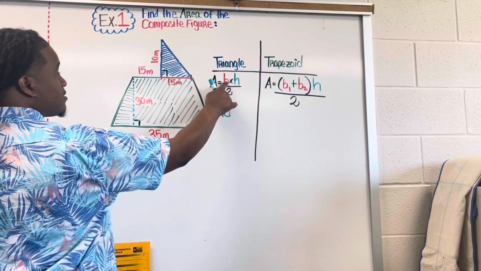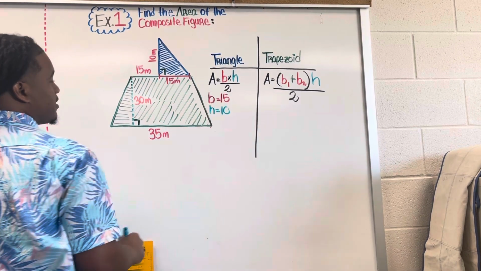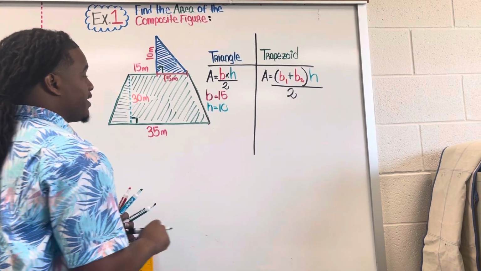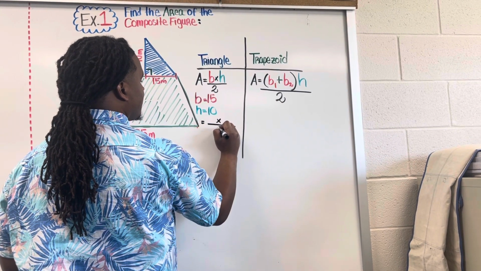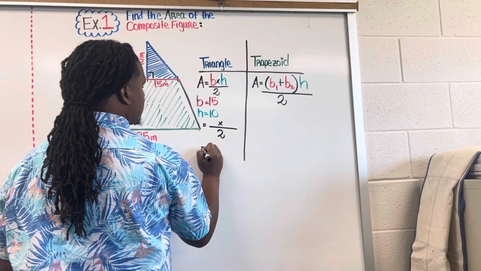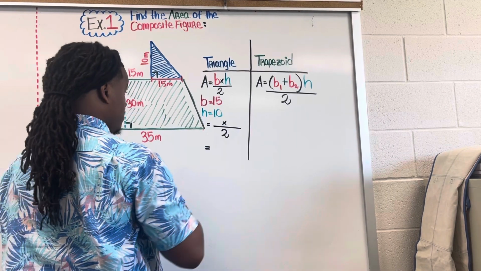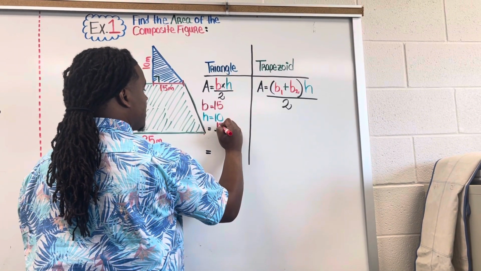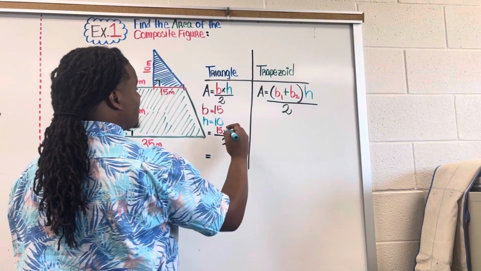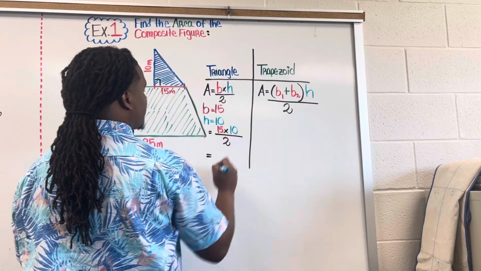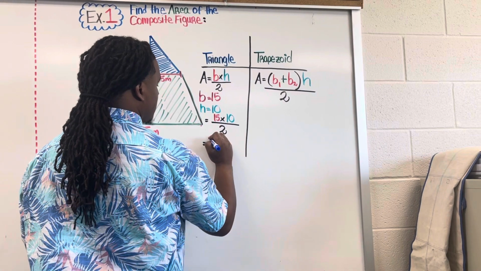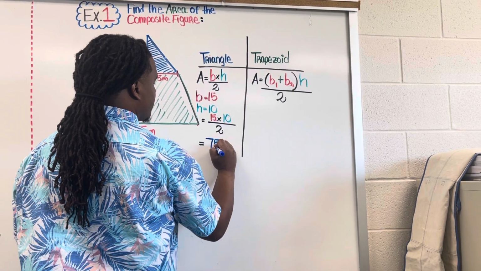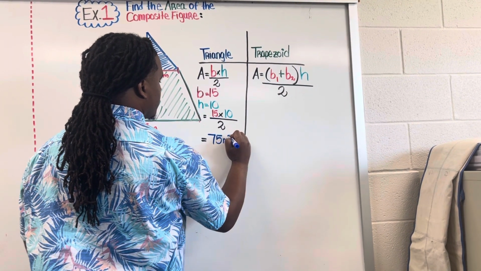So I have the base of 15 and a height of 10, and I need to multiply those together and divide by 2. So I have 15 times 10, which is 150, and 150 divided by 2 is 75. So the triangle in itself is 75 square meters.